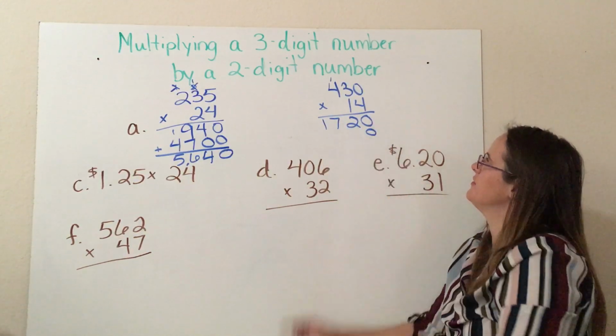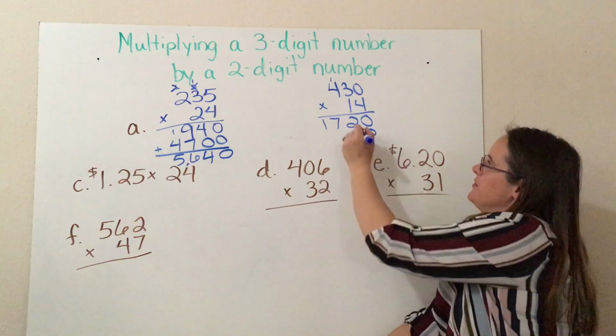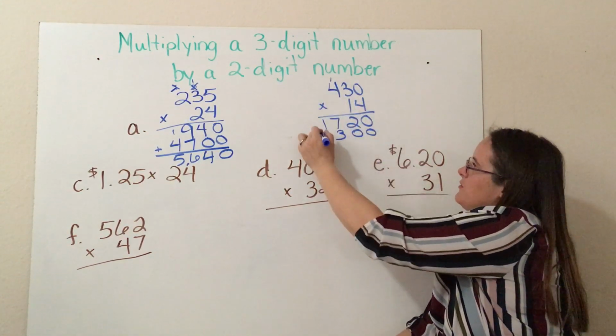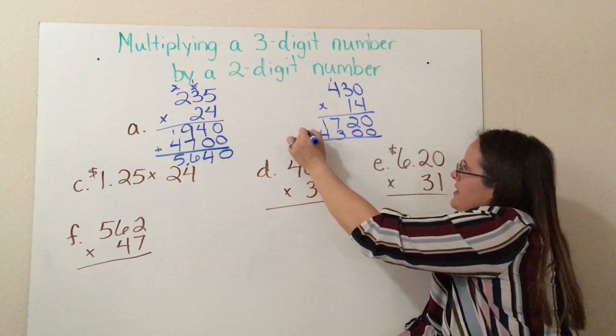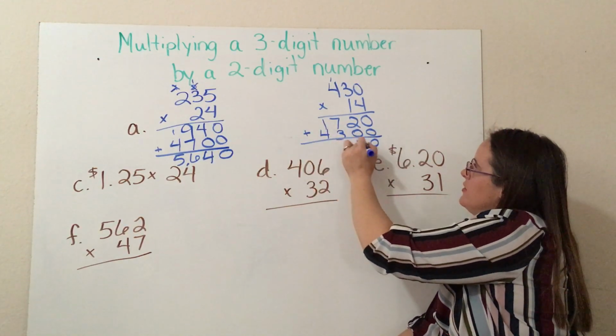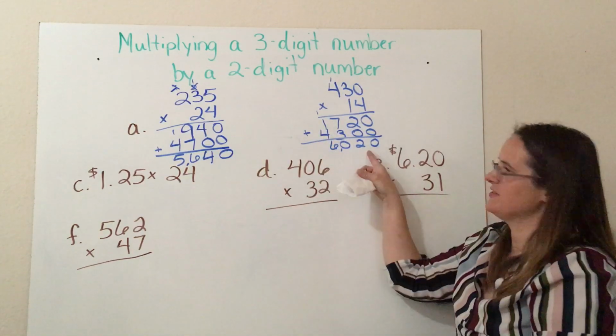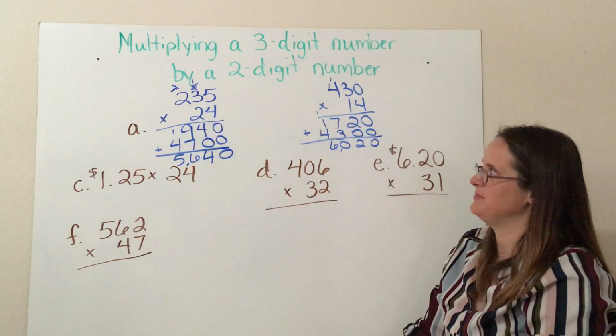Don't forget my 0. 1 times 0 is 0. 1 times 3 is 3. 1 times 4 is 4. Then we add. Running out of room a little bit here, but we'll make it. 6,020 is our answer to B.